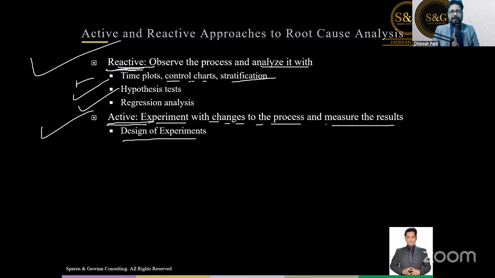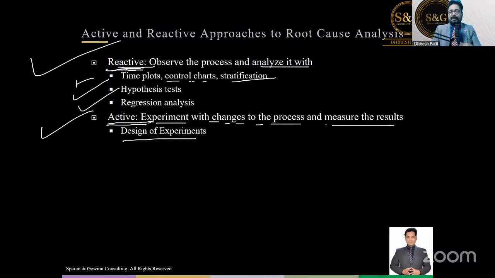Then we observe the impact on the taste and analyze it statistically. That is a very powerful way.